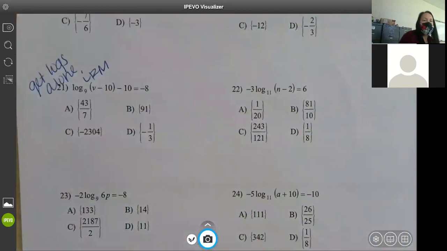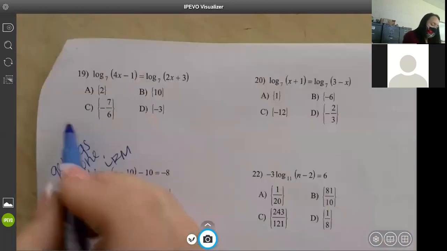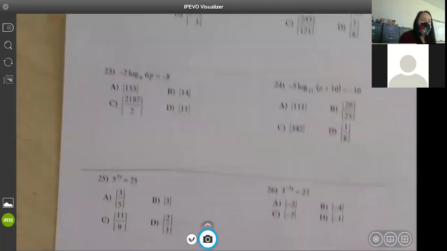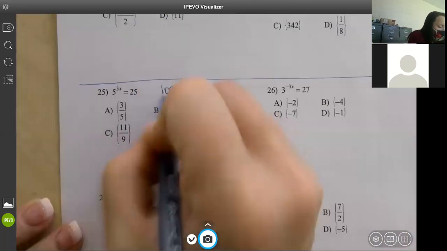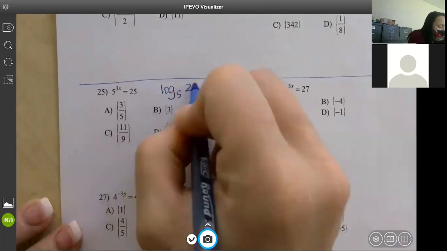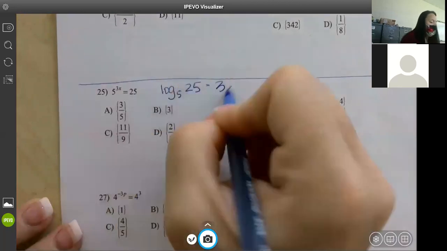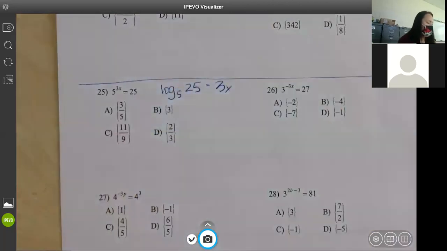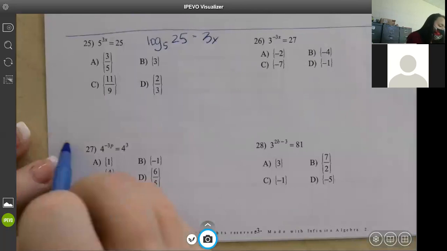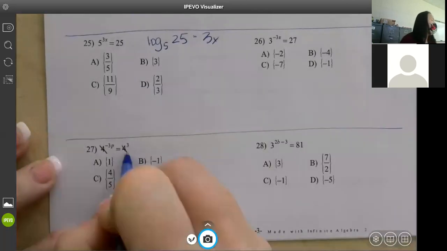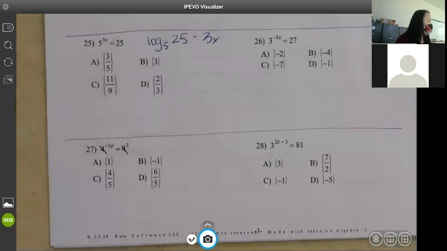When you get to 25, remember you're going to do log of the left, right equals middle. These will not take you long at all. On 27, you have the 4s you just mark out. So if they're the same base, mark them out.